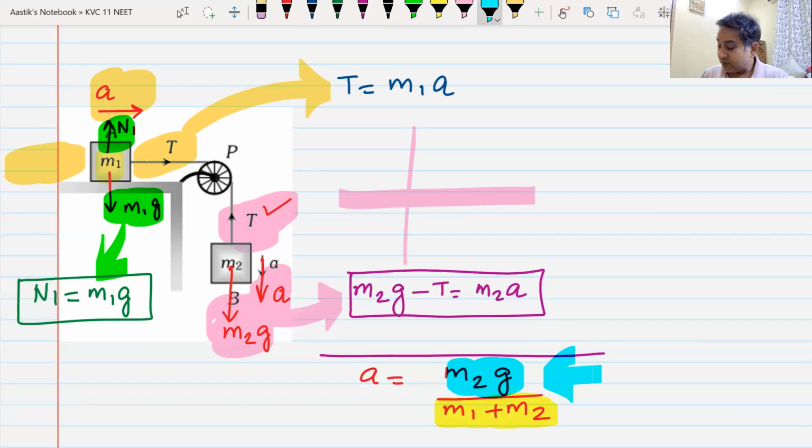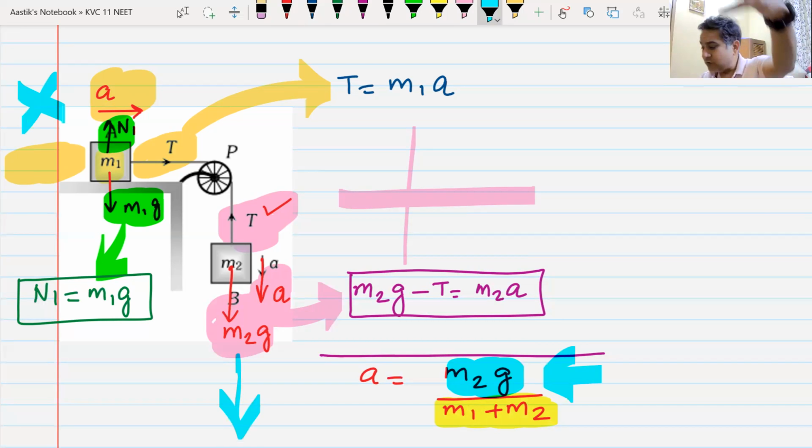Here, there is only one force which is trying to pull you down, and there is no force which is trying to pull you up. Do we understand this? How much is that force? That is M2G. So the pulling force M2G divided by the total mass gives you the acceleration.